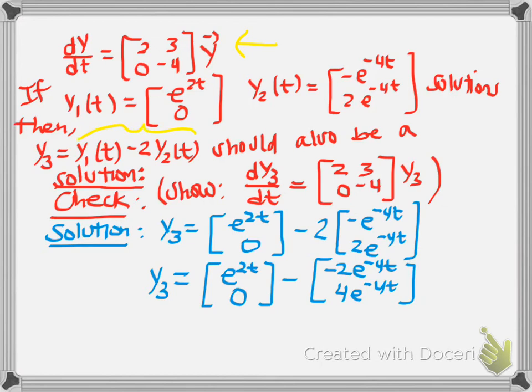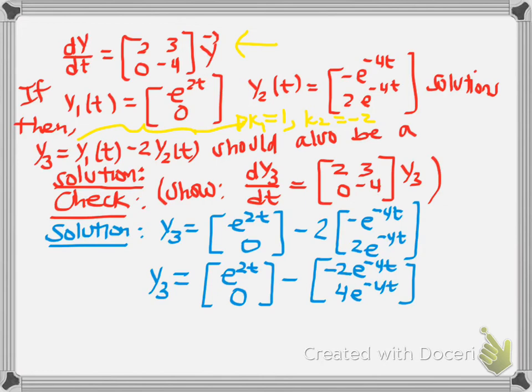So in other words, in this example, k sub 1 is 1 and k sub 2 is -2. That means it should also be a solution, because any constants you tack onto two of your solutions should also give a solution when you put them together as a linear combination.